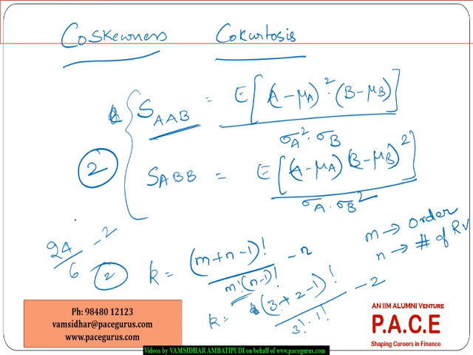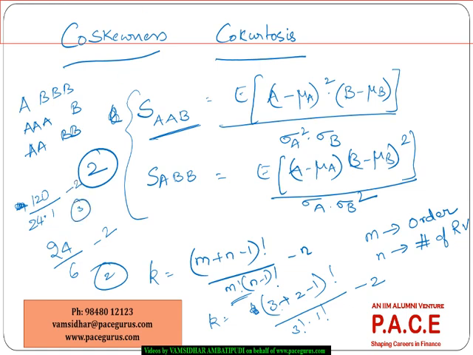Similarly, if I want co-kurtosis between two variables, then if you look at A, B, B, B, 1, A, and then B, then I'll also get A, B, B. Now the formula also, let's take it, 4 plus 2 minus 1, 5 factorial, 120 divided by 4 factorial is 24, n minus 1 is 1, minus n is 2, 5 minus 2, 3 are there.